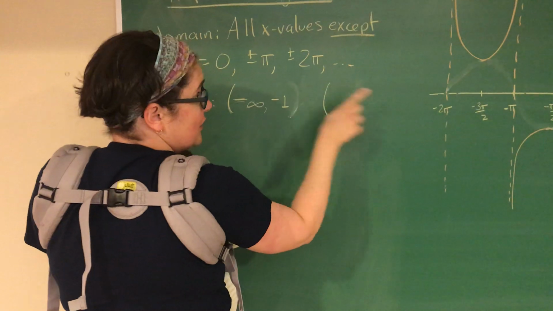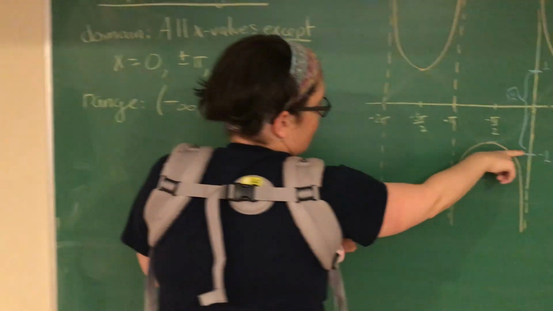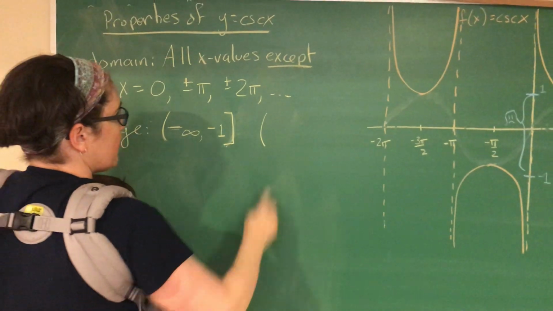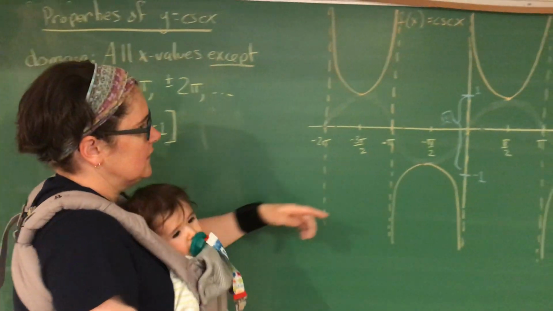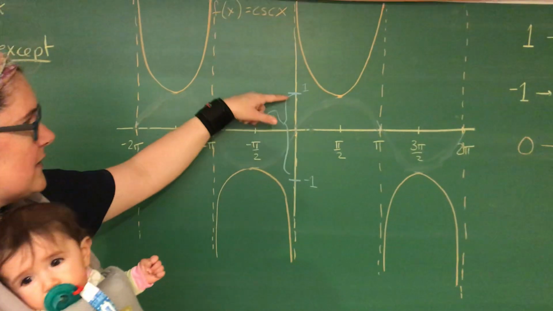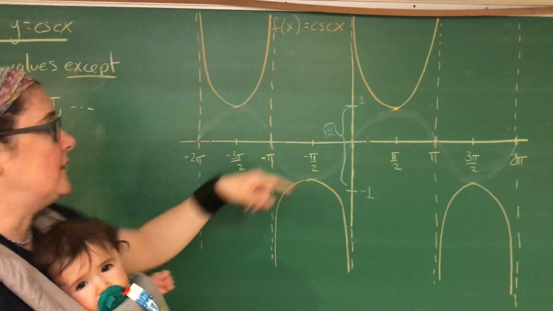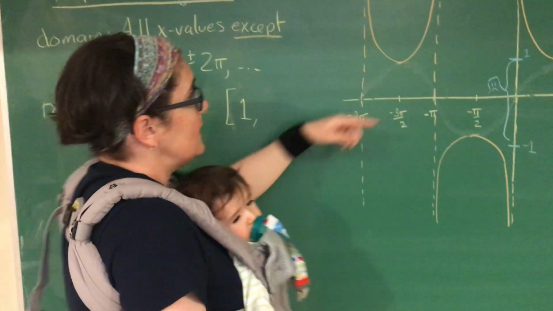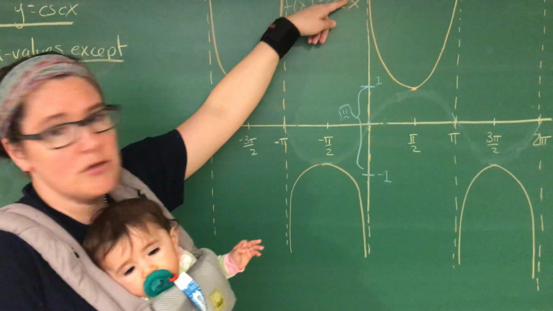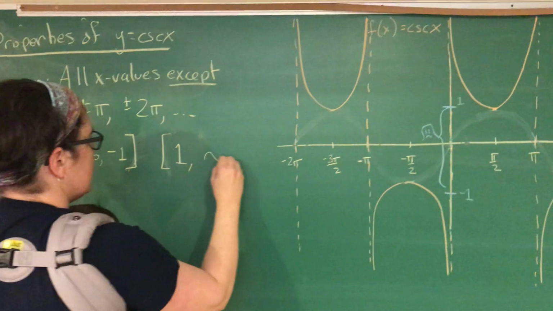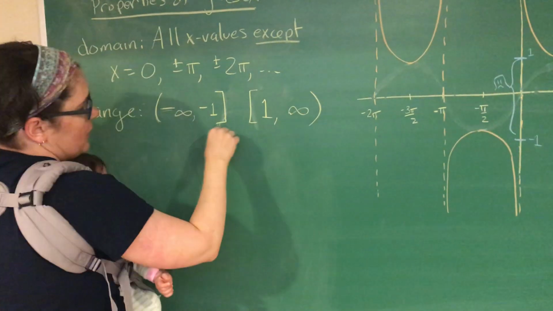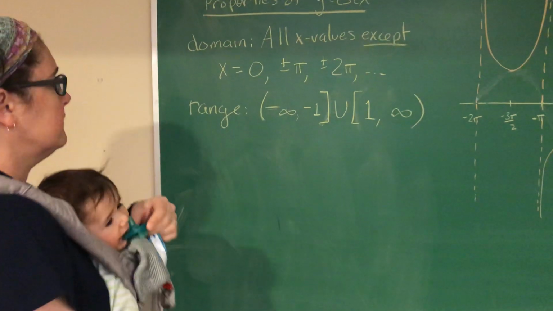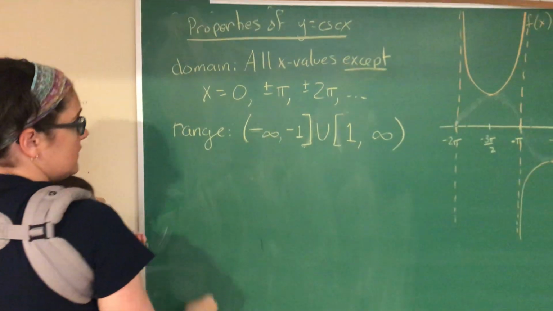And I want to include -1 because our y value at -1 does occur, so I have a square bracket. And then I skip until I hit a y value of +1. And then I get every single positive y value after 1, so from 1 to +infinity. And I want to include both of those intervals, so I put a union sign in between. So that's our domain and our range.